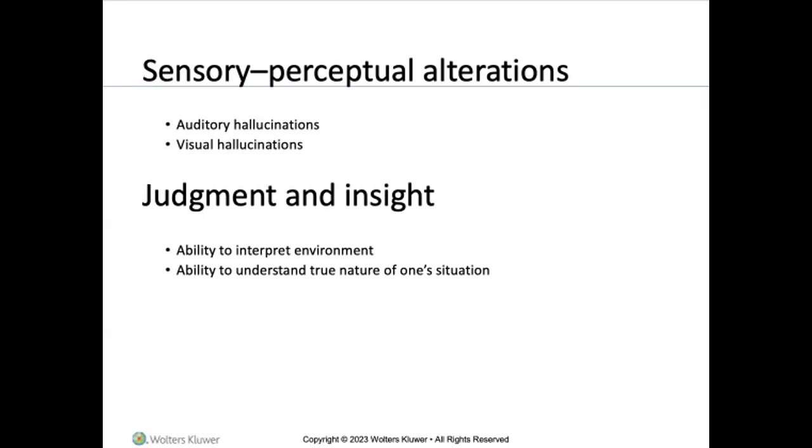Those that have poor insight are going to continue to blame all of their events on people around them. They're not going to accept responsibility that the reason that they're in the facility is because they got drunk and they were obliterated, or there's no personal accountability in somebody with poor insight.